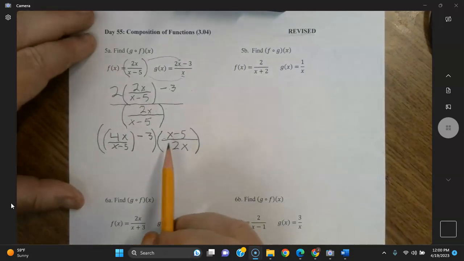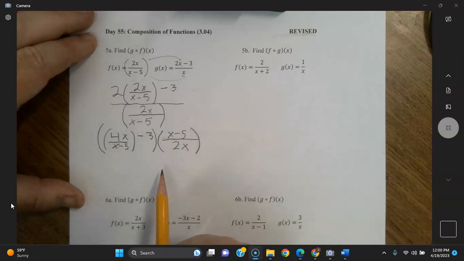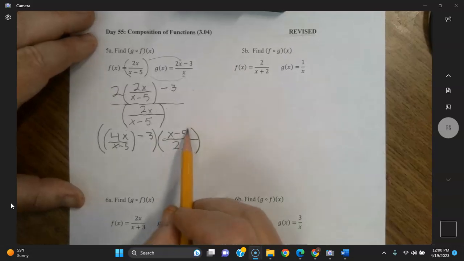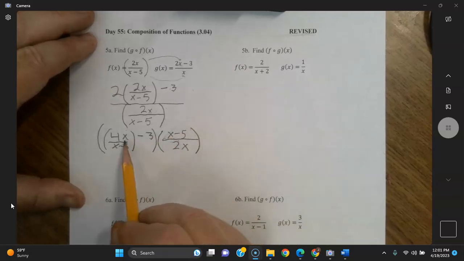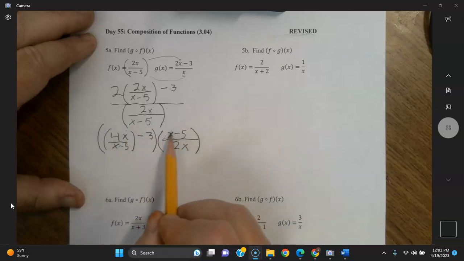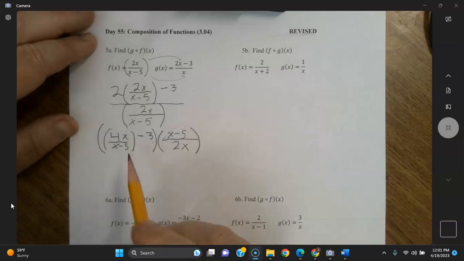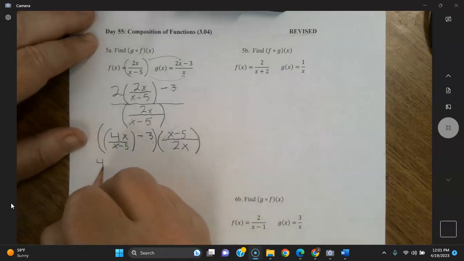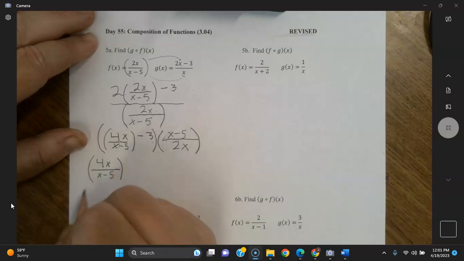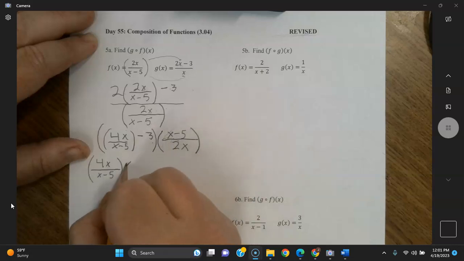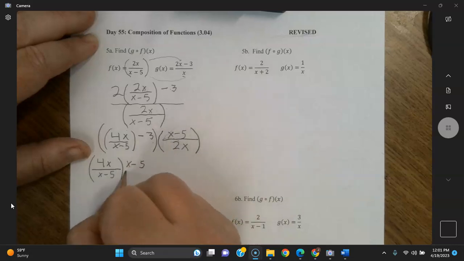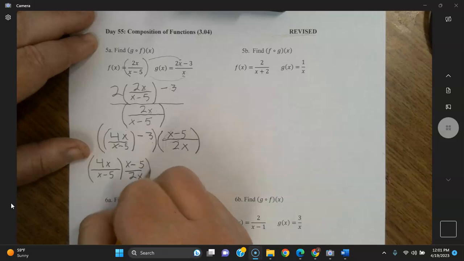Okay, now what I'm going to do, it looks like something that you would FOIL, but I'm not going to. I'm going to take this and distribute it to this, and then I'm going to take this and distribute it to this, okay? So let's start with this one. So it's 4x over x minus 5, parenthesis, and then I'm going to put this x minus 5 over 2x.